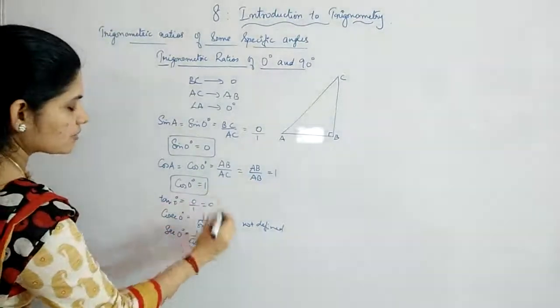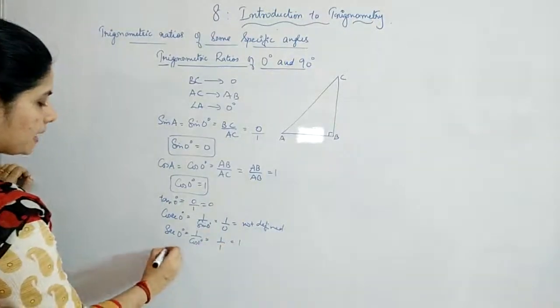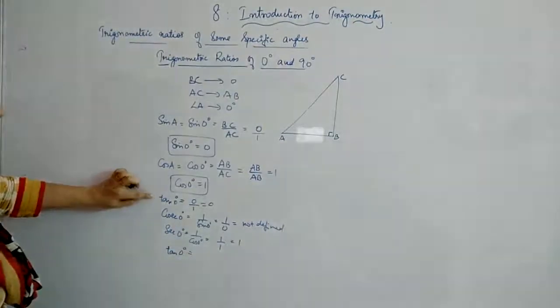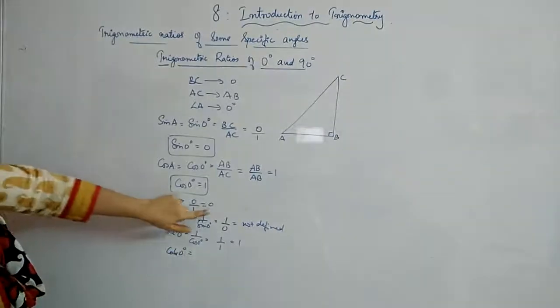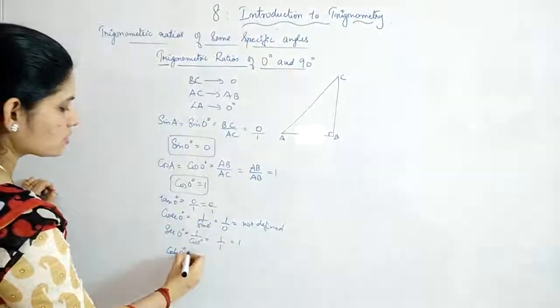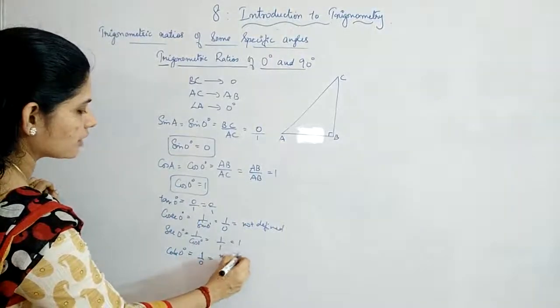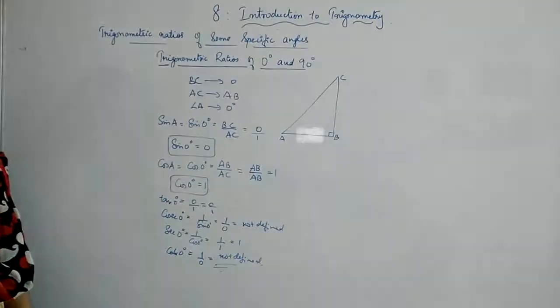It is 1, that means 1 by 1, so you will get 1. Cot 0 will be the reciprocal of tan, and tan 0 is 0. Its reciprocal will give you 1 by 0, which is again not defined. So these will be easy for you to find out if you know sine 0 and cos 0.